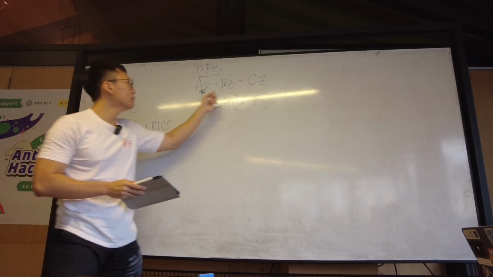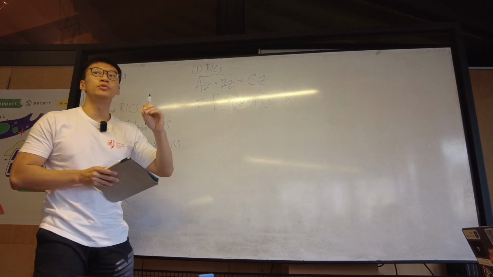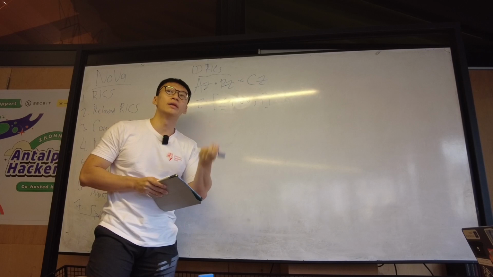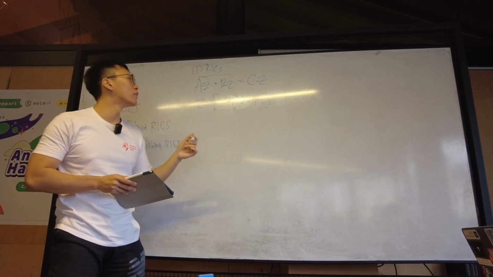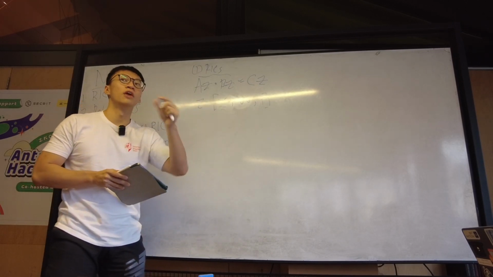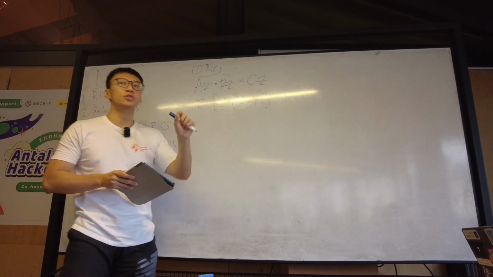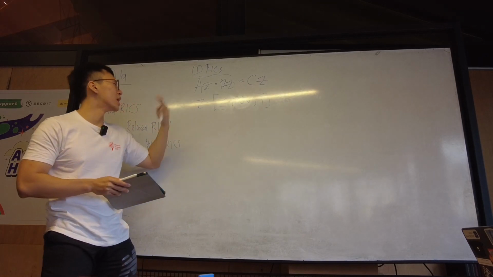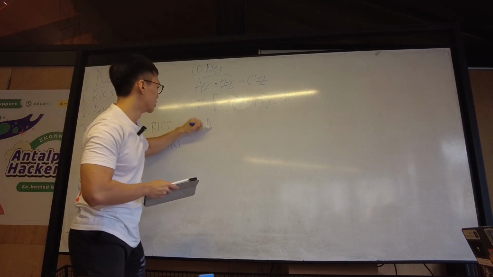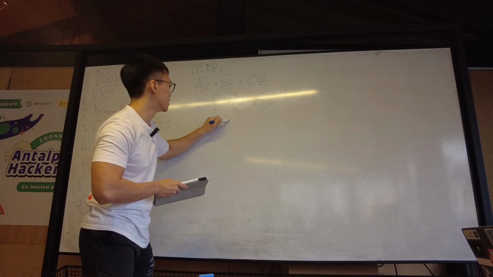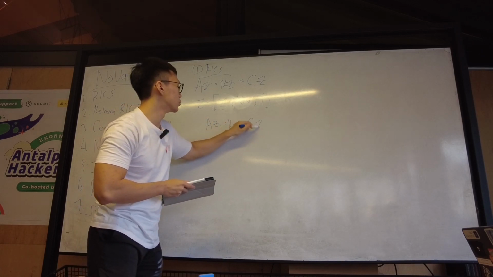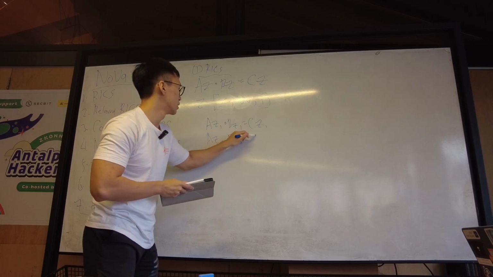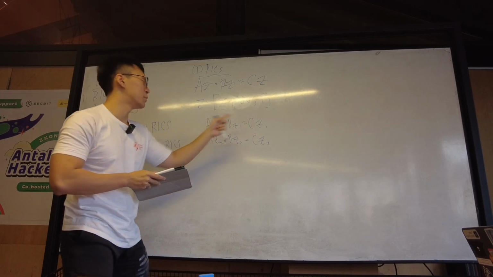So the goal of this paper is to try to fold it. That means you're trying to combine multiple instances of the same circuit into one instance. Imagine that now we have AZ1, BZ1, CZ1, and AZ2, BZ2, CZ2, and notice that the ABCs are the same.